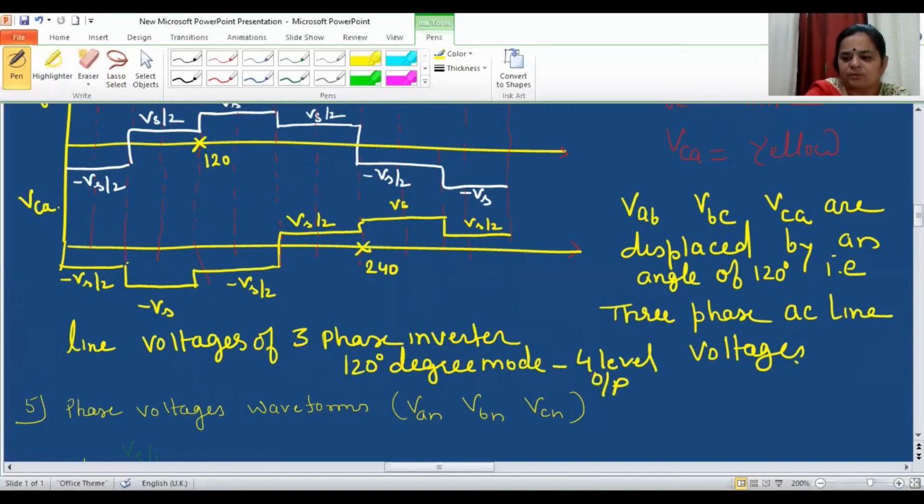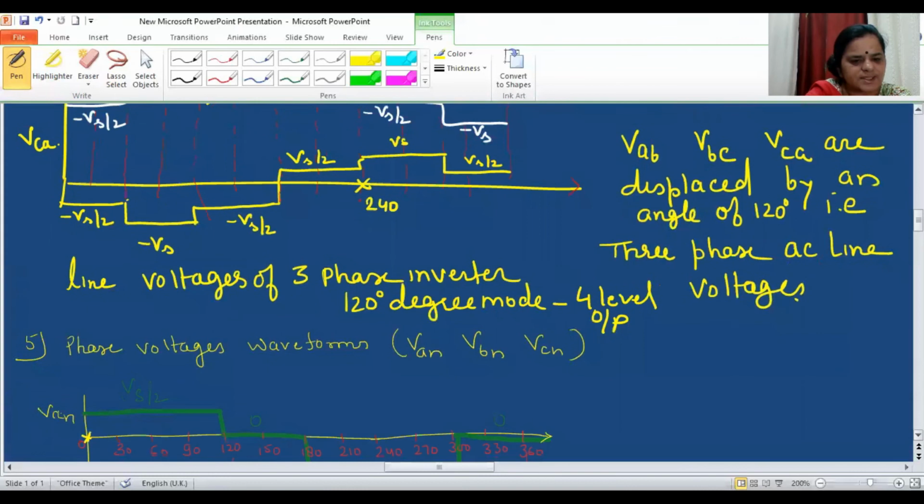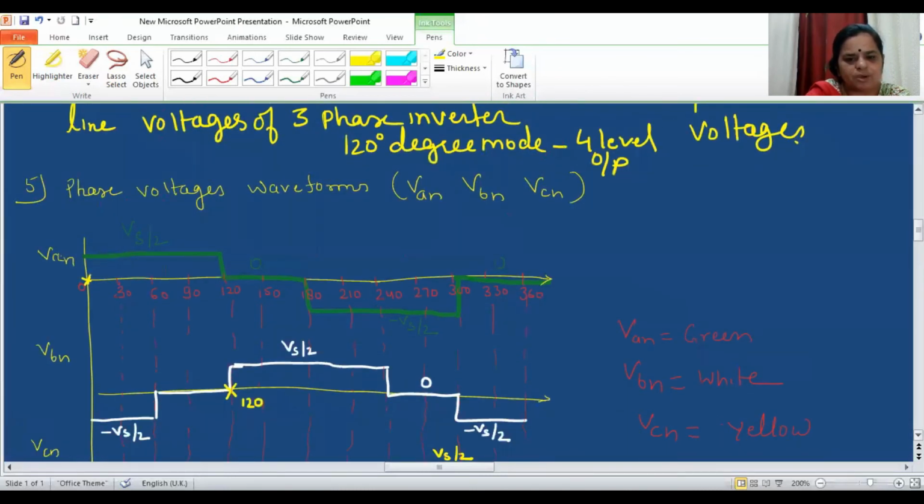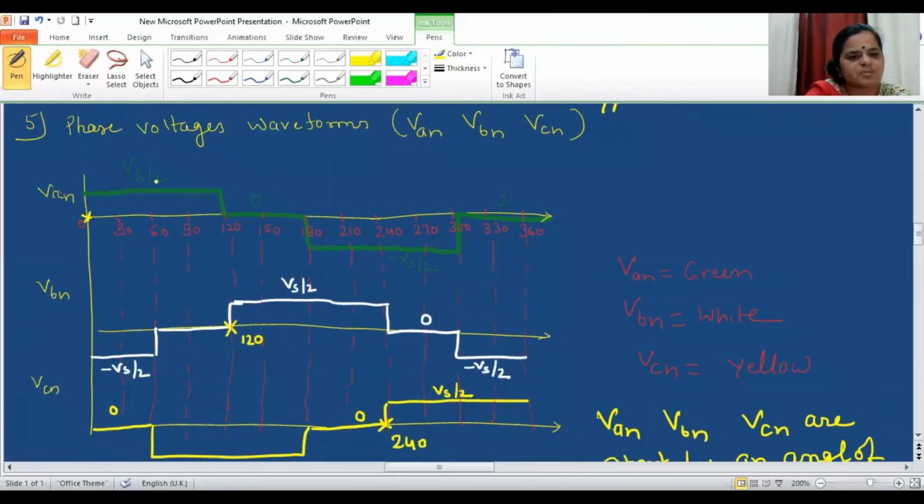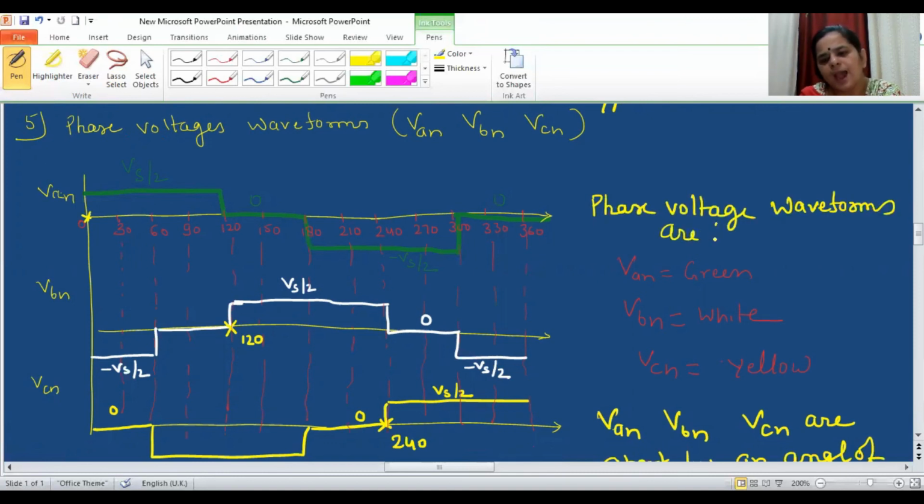Whereas if I see the phase voltages waveform, we are getting Vs by 2, 0 and minus Vs by 2. So we can conclude that the phase voltage waveforms have 3 levels only.